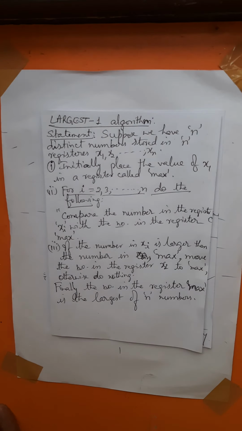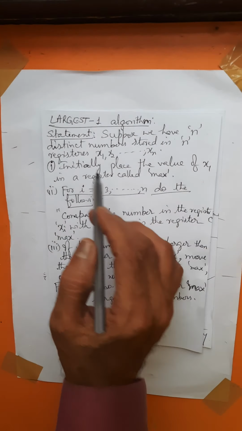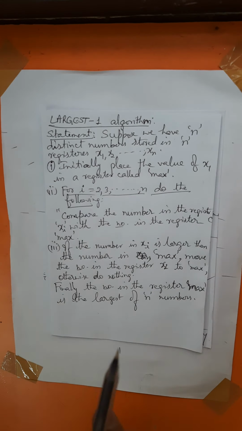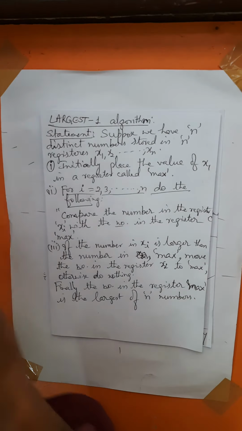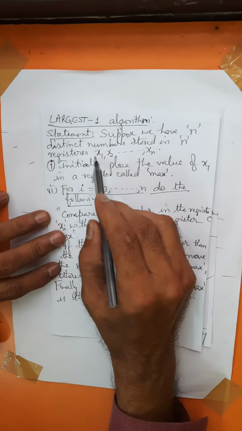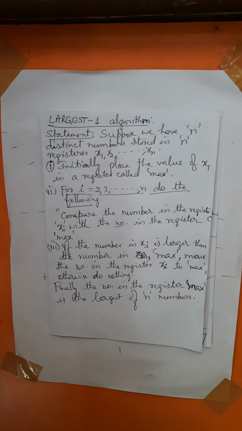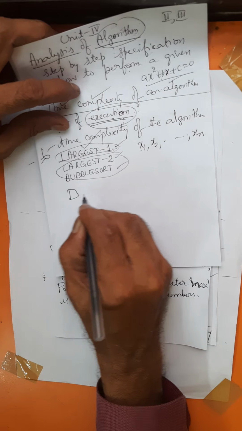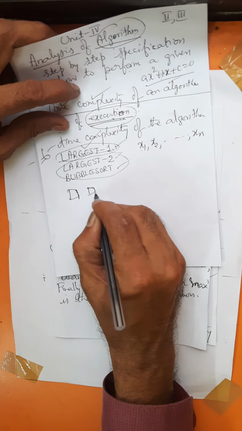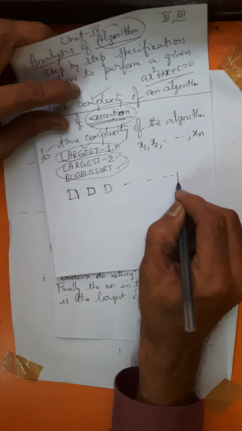Suppose we have n distinct numbers stored in n registers. You think of n boxes. N boxes labeled as x1, x2, xn. Box 1, box 2, box 3, the last box.